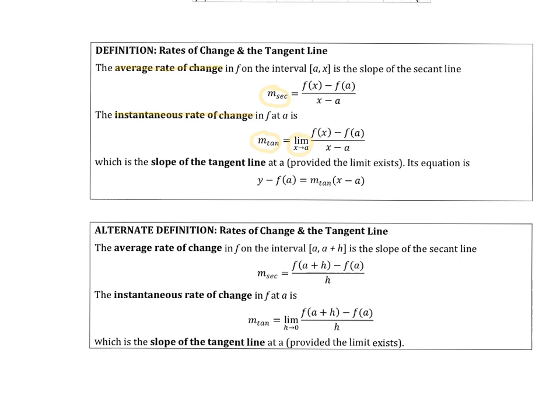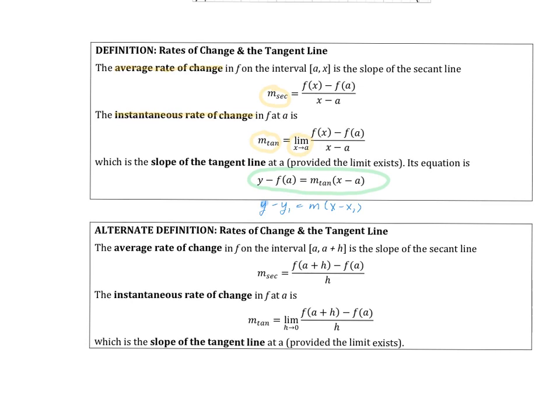Now if I wanted the equation of the tangent line, that would be this equation at the bottom here. And that's just simply the point slope equation of a line, which is y minus y sub 1, equal to the slope m times x minus x sub 1.